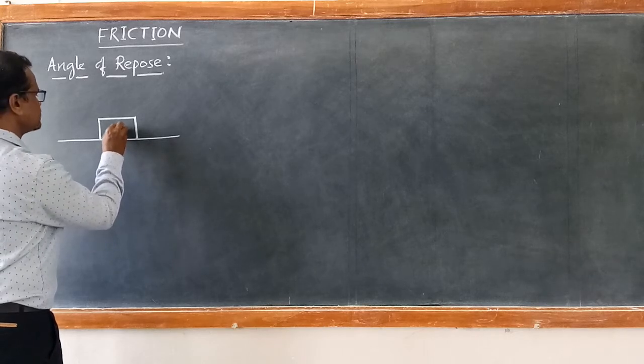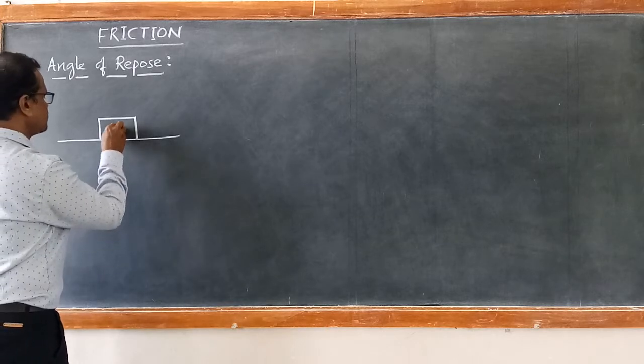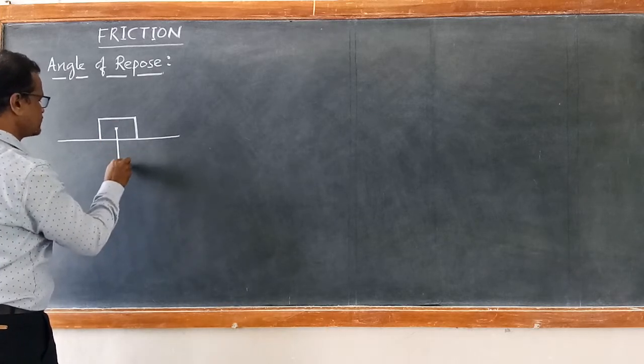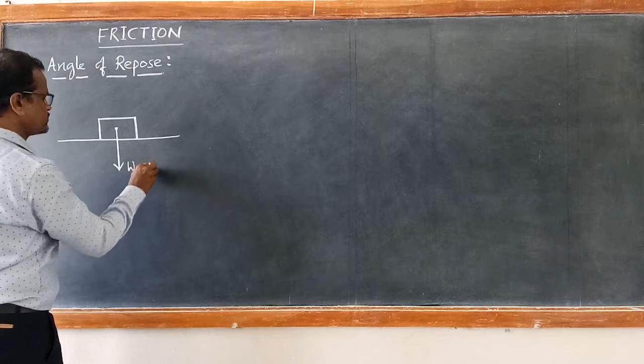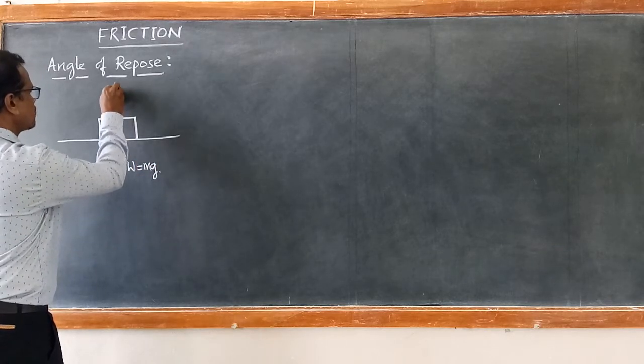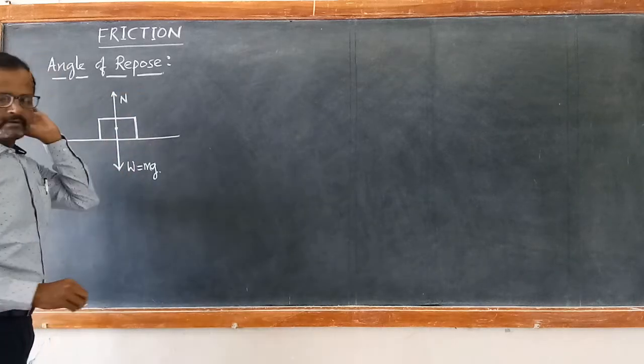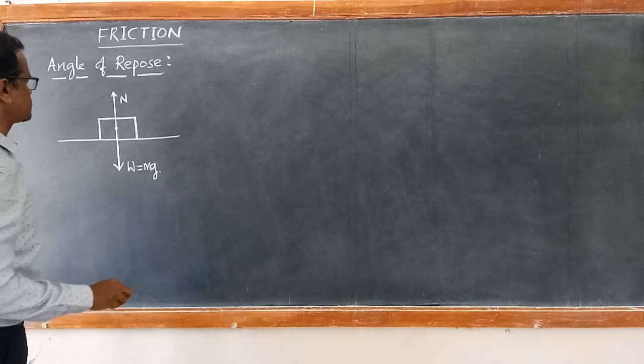Then we know that if this is the center of mass, we take this as a reference point. Then the weight is equal to mg, right? This weight is balanced by the normal reaction, the normal force exerted by the plane, and thus it is at rest.